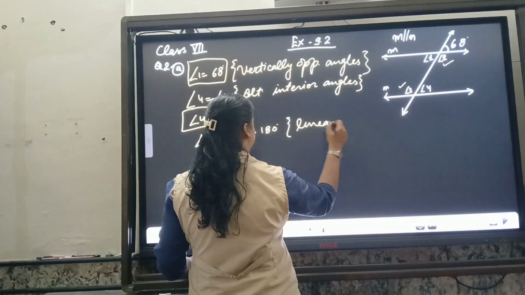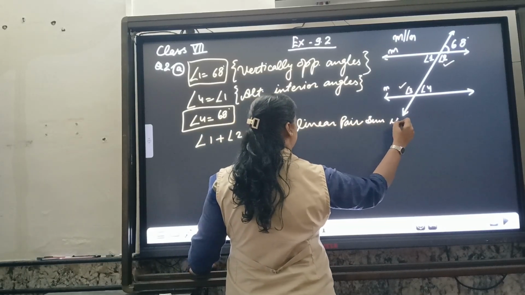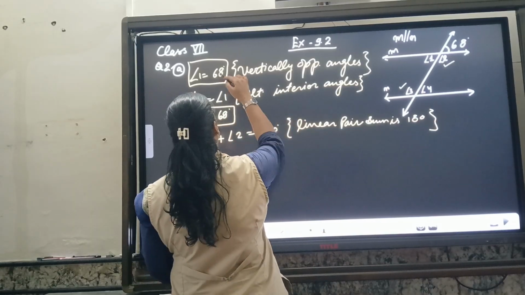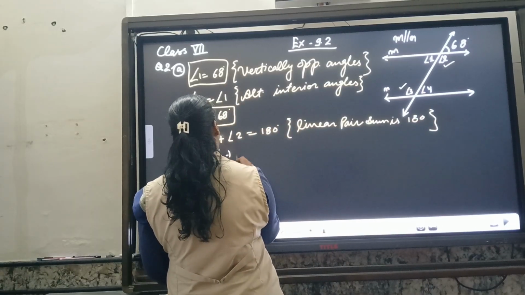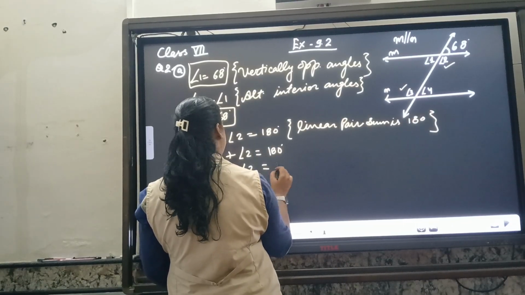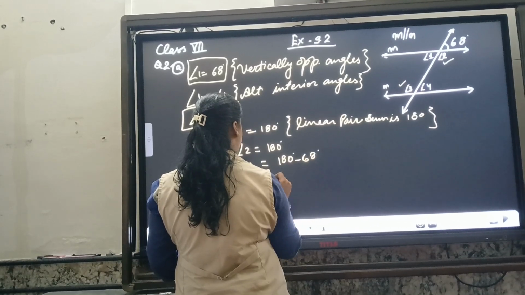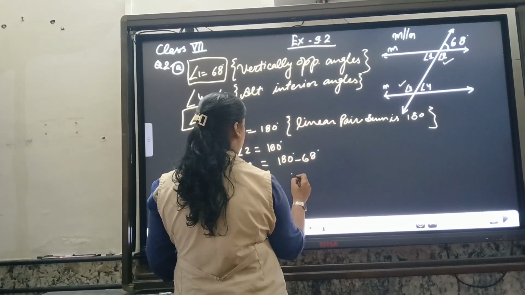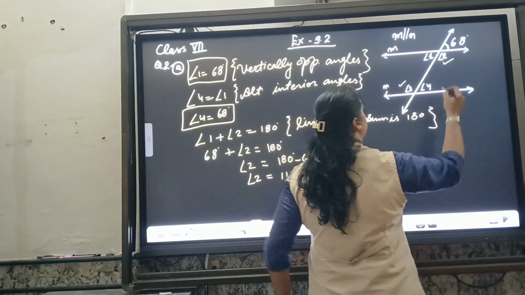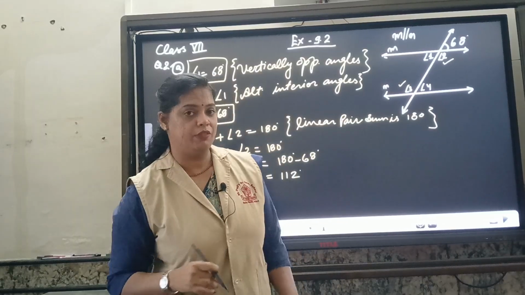So we have taken out angle 1 as 68, and angle 2 we don't know. We will transfer 68 to 180 and our angle 2 is equal to 112.